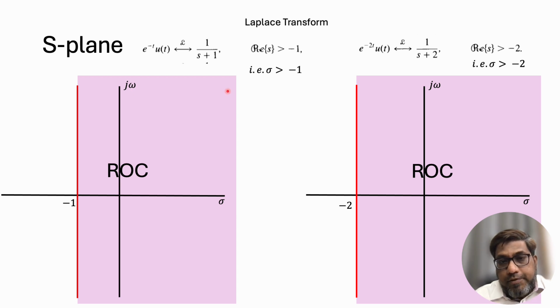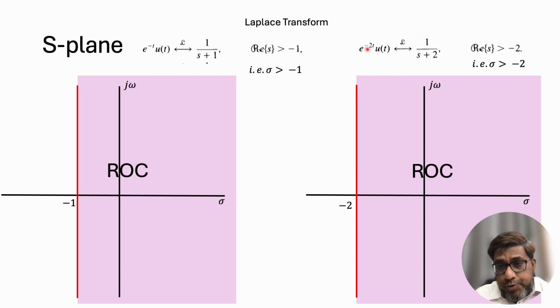So the boundary for the region of convergence is the line passing through the point sigma equal to minus 1, and all points of s lying to the right side of this line constitute the region of convergence for this particular Laplace transform.